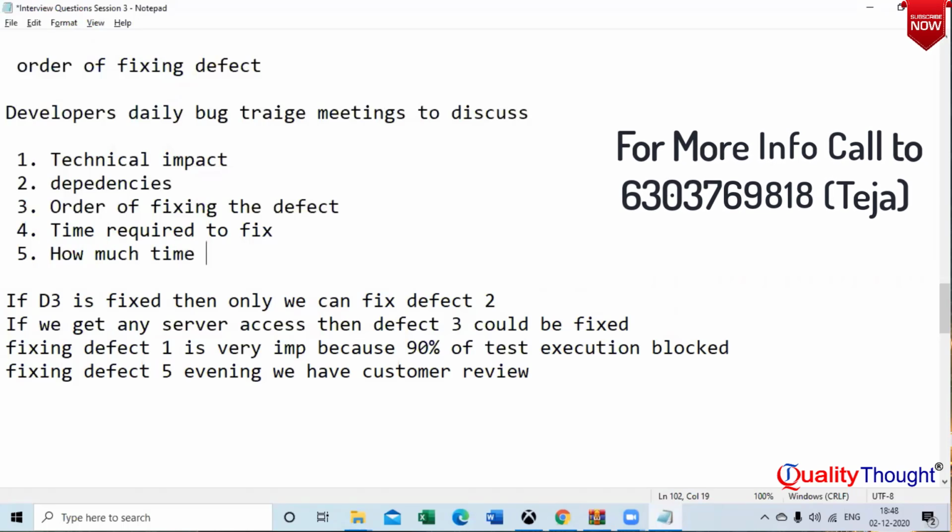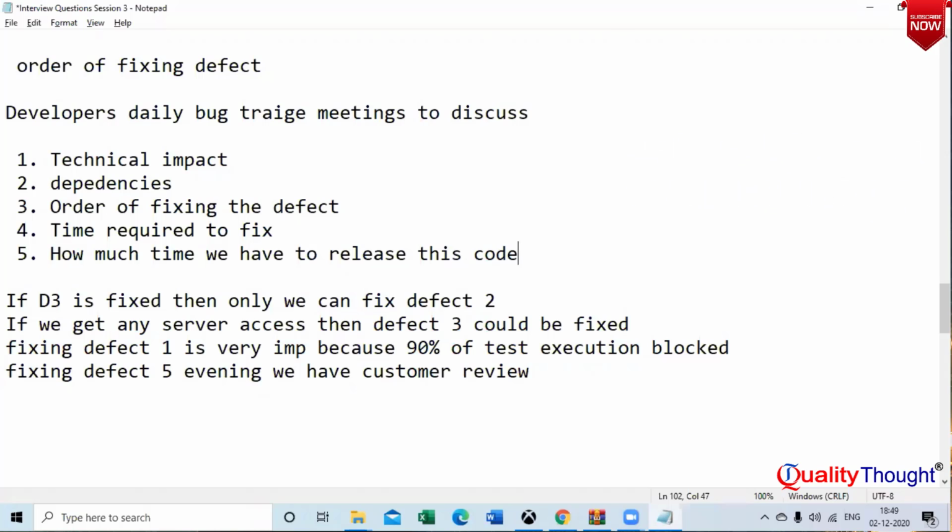These are the various parameters they use to decide in which order they are going to fix the defects.